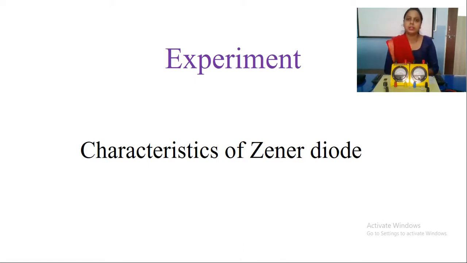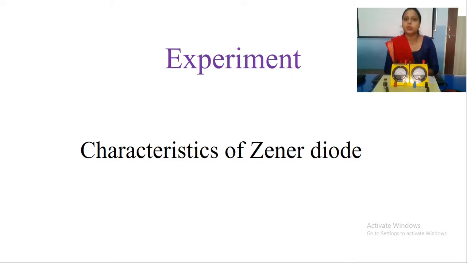In theory I have given you a brief introduction about Zener diode. So before starting this experiment, you have to be assured that you have seen that video regarding semiconductor devices and the Zener diode. After that only you will come to know about the Zener diode's practical uses.